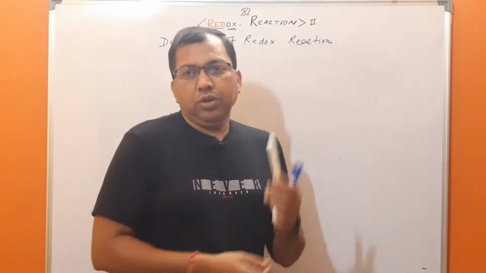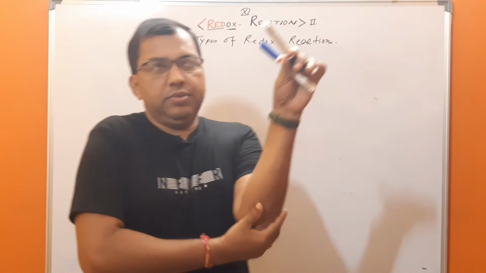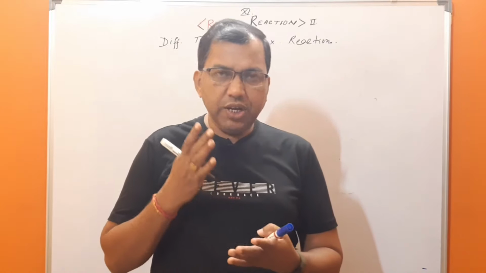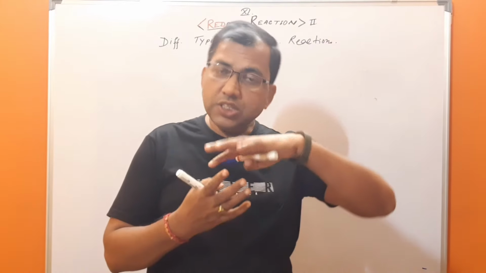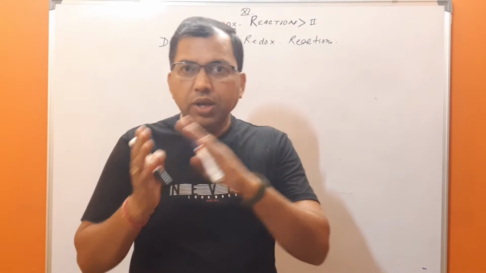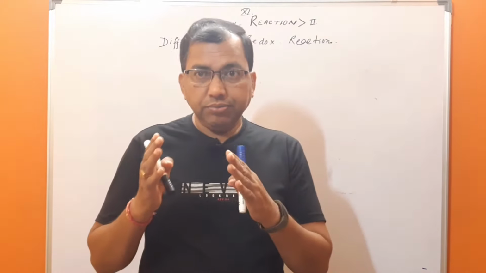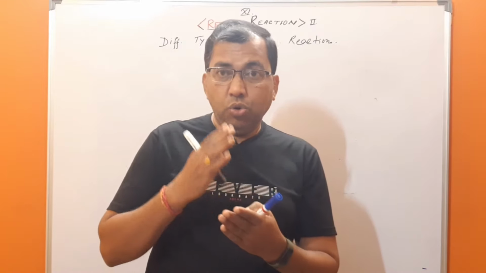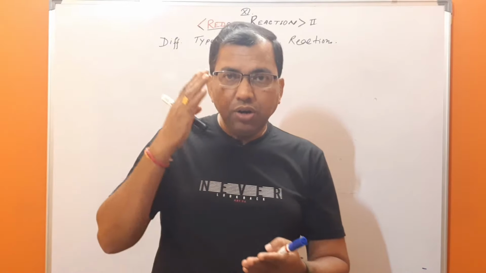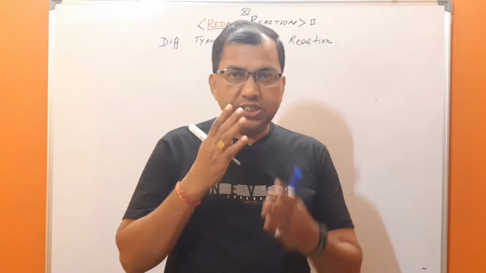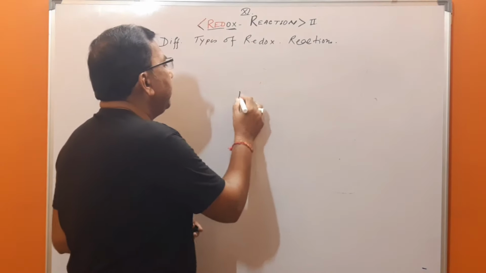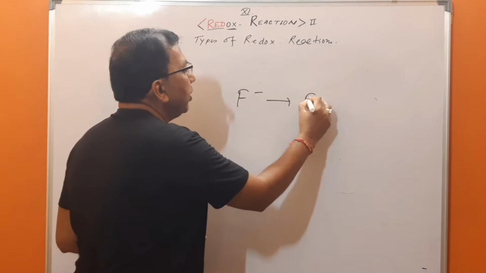Remember that oxidizing agents like KMnO4 and K2Cr2O7 can oxidize chloride, bromide, iodide to chlorine, bromine, iodine. But no oxidizing agent is available to oxidize fluoride ion to fluorine.